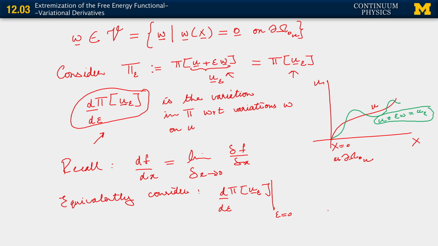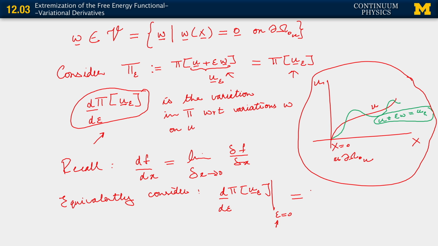Now we are doing what I've been outlining here in this plot. We're looking at how pi varies as we are varying the displacement field, but then we want those variations in the displacement field to go to 0. That is what we're doing by taking this derivative with respect to epsilon and setting epsilon equals 0.